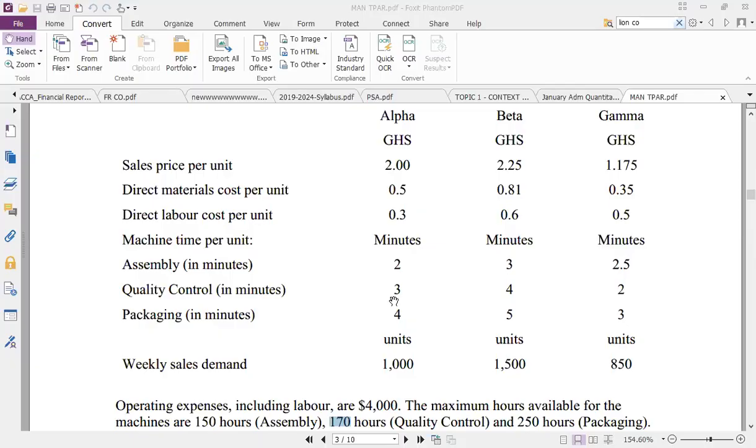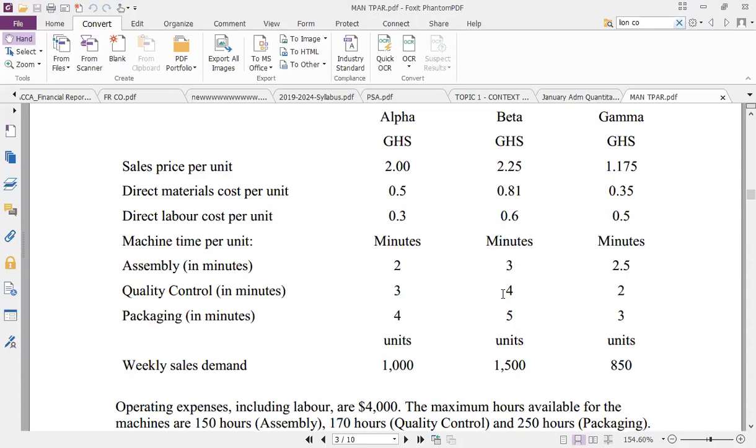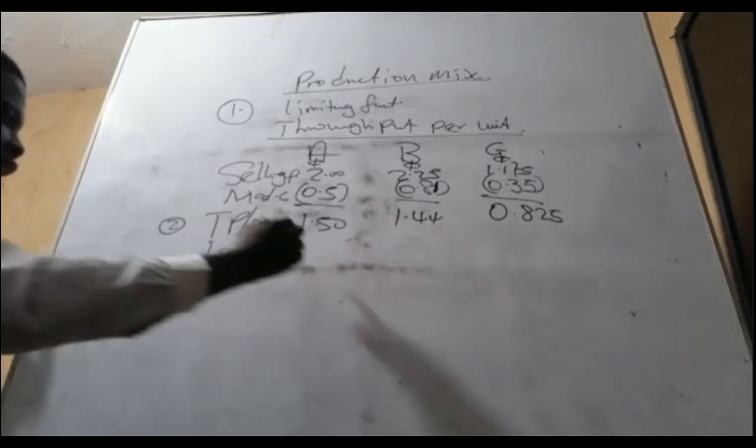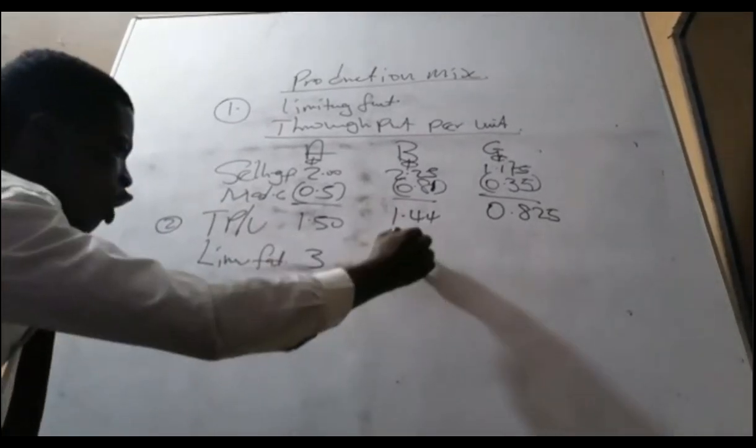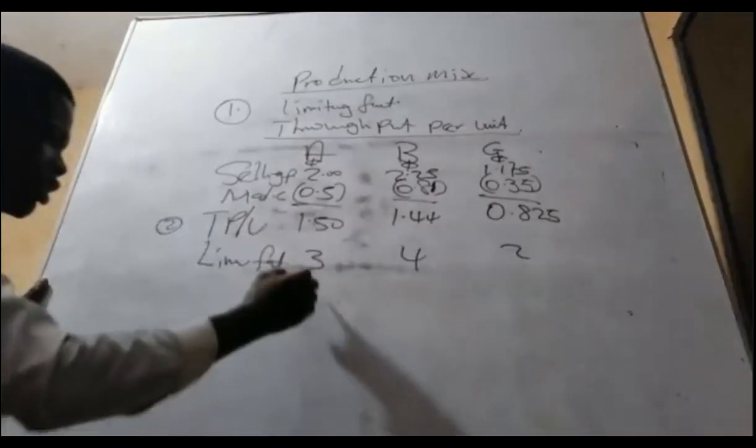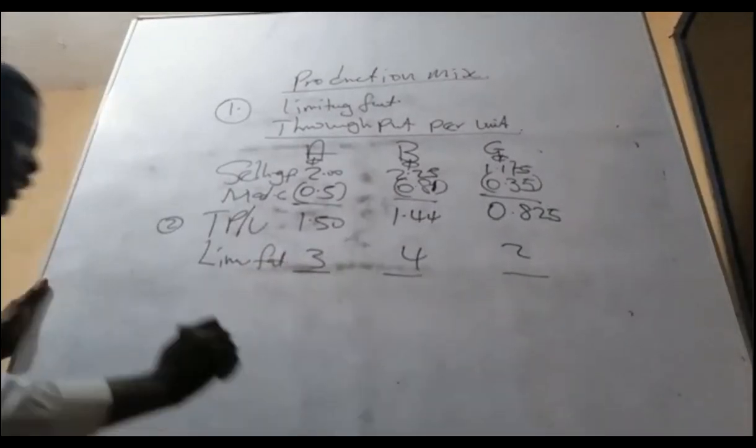Let's pick the quality control time per unit: 3 minutes, 4 minutes, and 2 minutes. So 3, 4, 2, and it's in minutes. So what's the limiting factor per unit? You divide the throughput per unit by the limiting factor per unit.